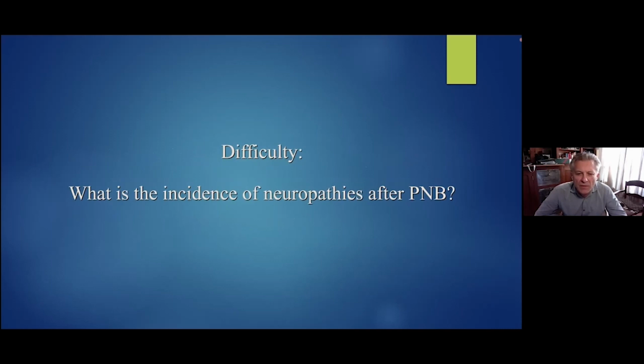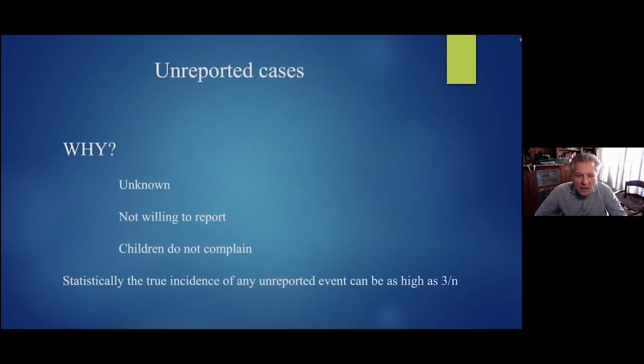The difficulty is to find the incidence of neuropathies after peripheral nerve blocks, because of the unreported cases. Why are they unreported? Because they are unknown. A lot of us perform peripheral nerve blocks, and actually you cannot see every single injection if it is outside the nerve or inside the nerve.